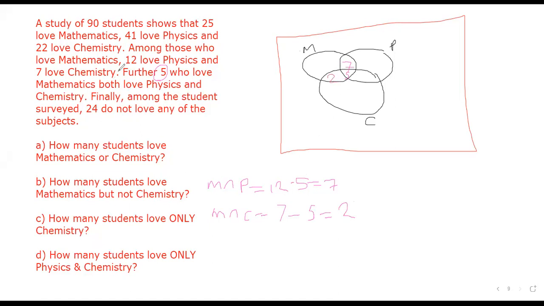Then we went further, saying 5 love mathematics, chemistry, and physics. So what do we put here? I want to look for this one here. What do we get in this column?